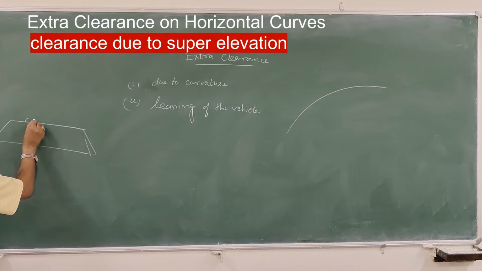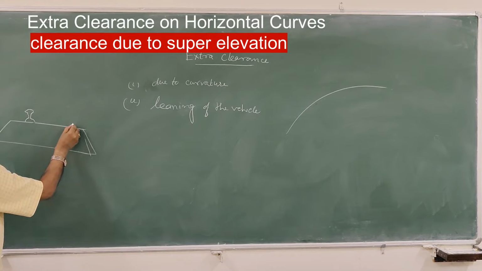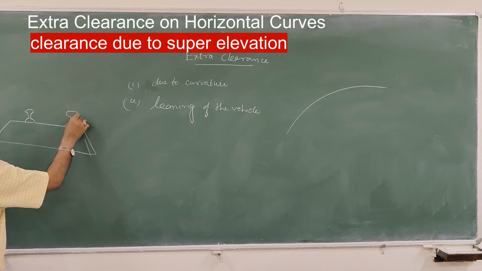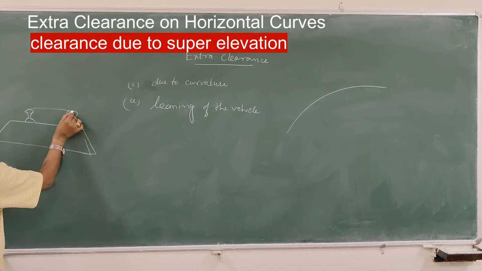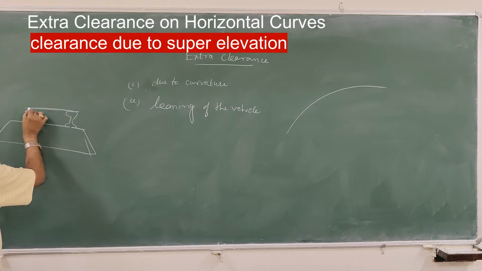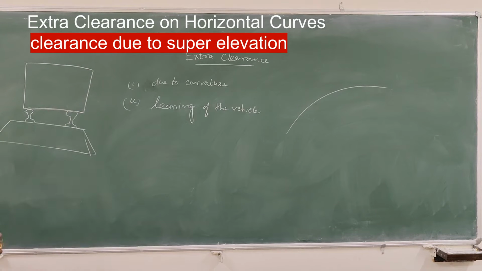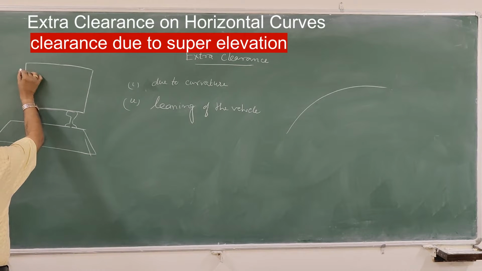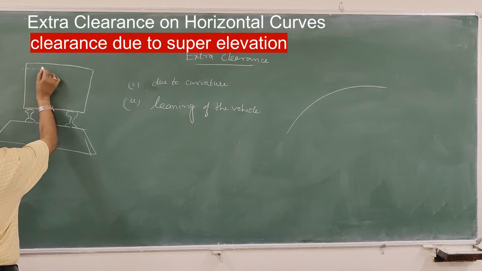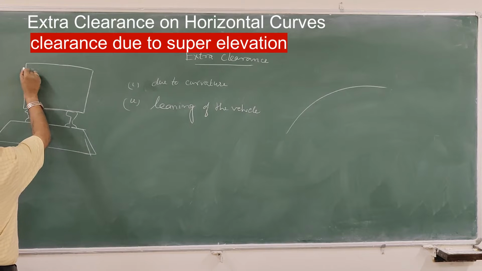And when you have the bogie placed on two rails and one of them is at higher elevation than the inner one, then the bogie is placed like this, whereas in case of a normal tangent track or a leveled track, the bogie will be flat.